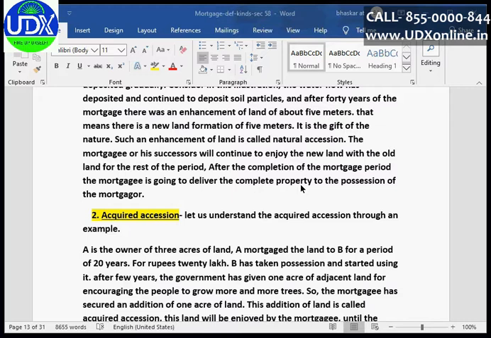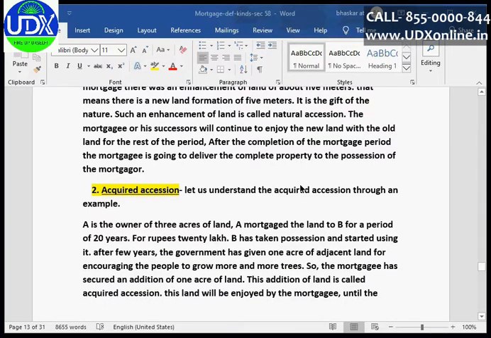So, until that time, the mortgager should not disturb him. He must allow the mortgagee to use the newly added land as well, along with the mortgaged property.